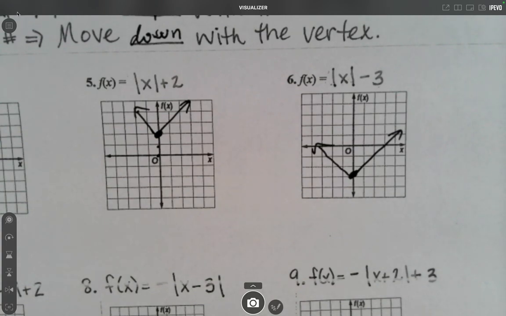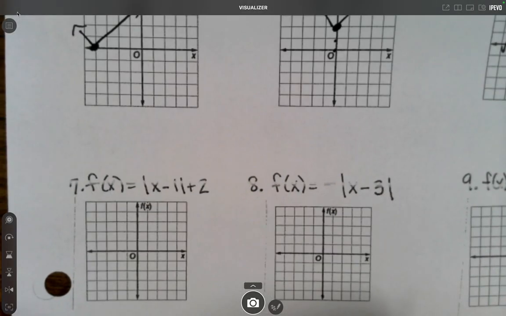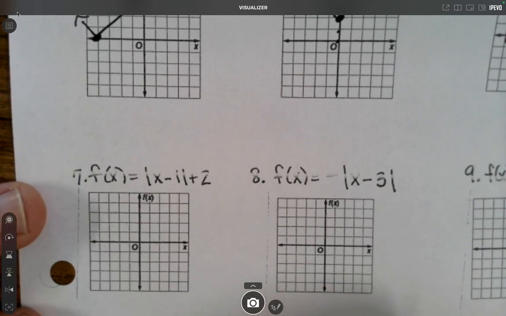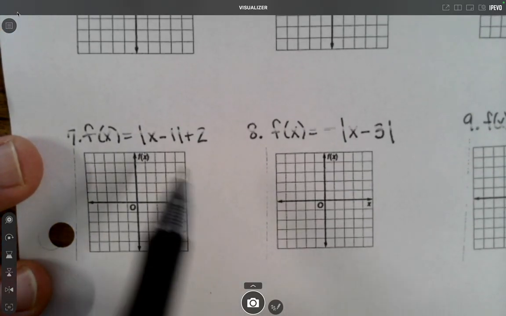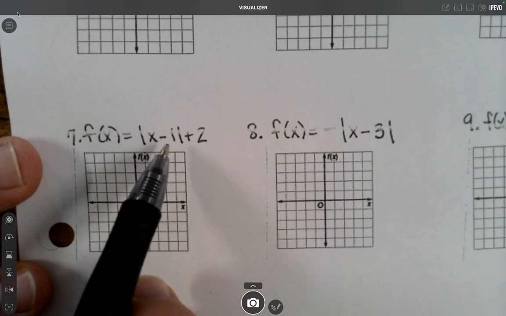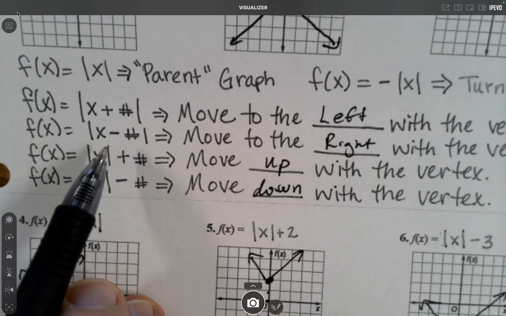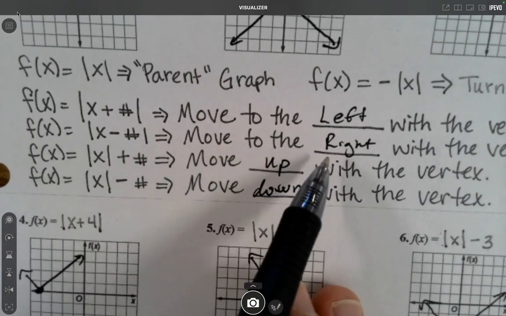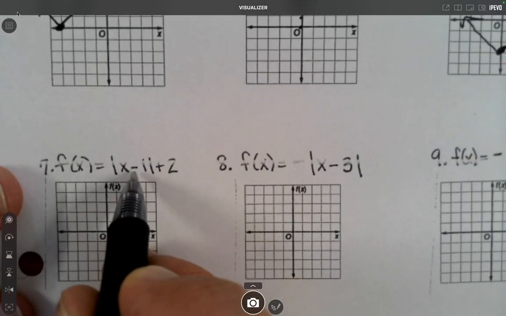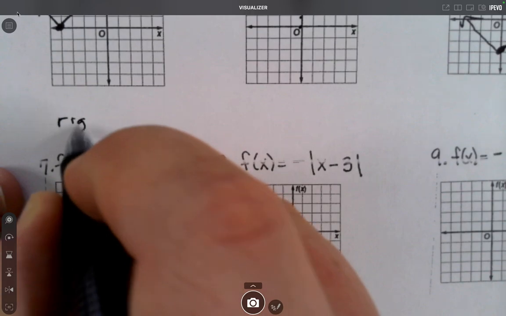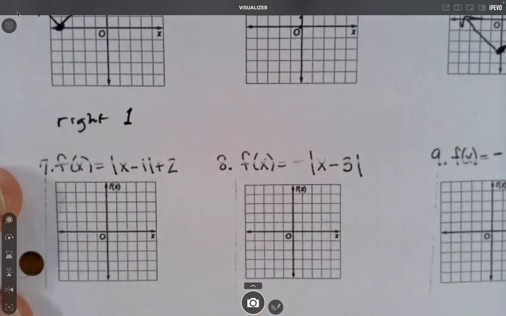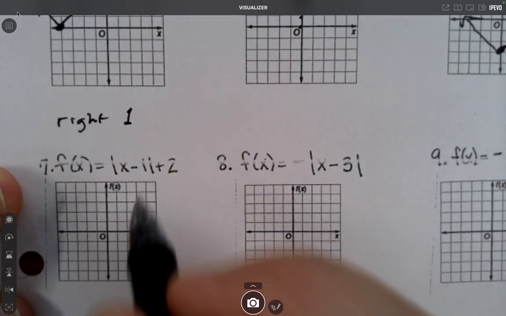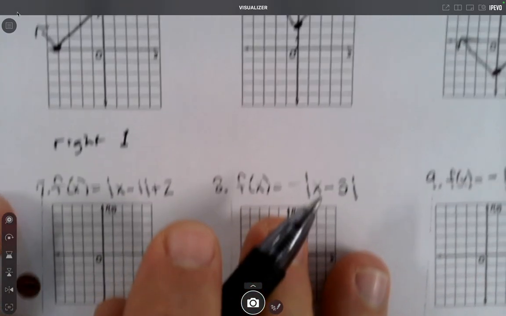And like all good math teachers do, now we complicate things and do more than one. Whew. Okay, so let's look at this one at a time. This minus 1 that's inside the absolute value. So minus 1 inside the absolute value moves us to the right. So we'll move to the right 1. Then we have plus 2 outside the absolute value.